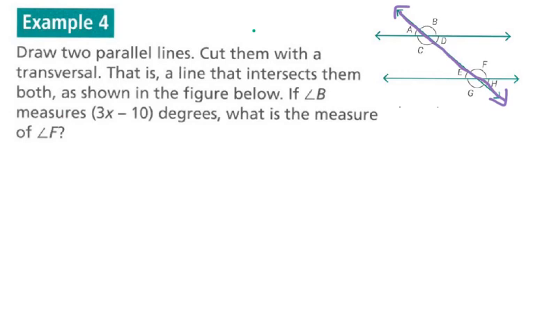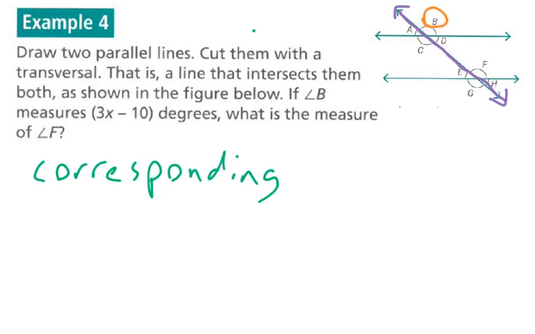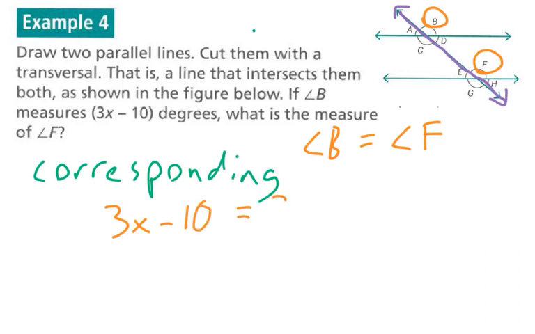Now, these angles are what we would call corresponding. So angle B is in the top right corner, and angle F is in the top right corner. So that means they're corresponding, and that means that their measurements are going to be equal. So if B is 3x minus 10, that means that F is 3x minus 10.